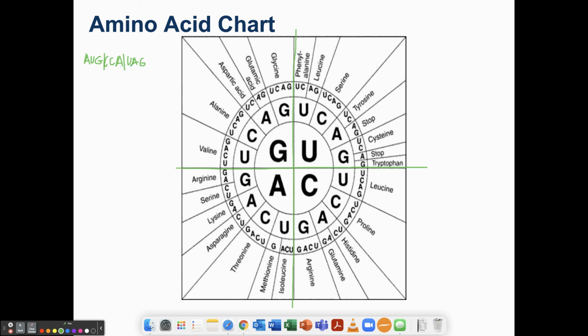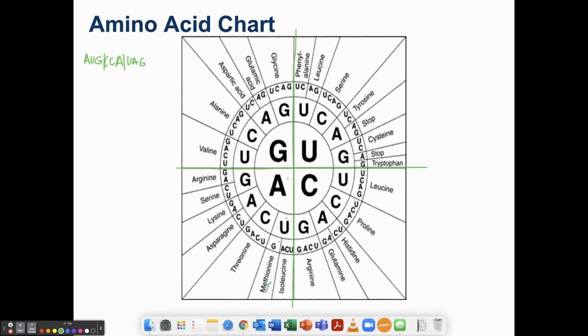So now I have 3 codons. The first one is AUG. To read it, I'm going to start with the very first letter, A, which is in the middle. Then I'm going to go to the next letter, which is U. So here's U, and then G.